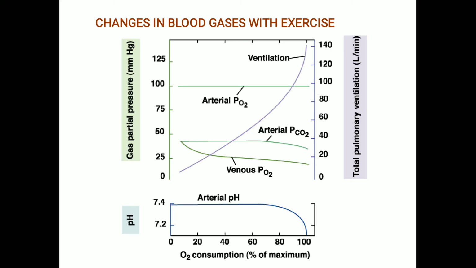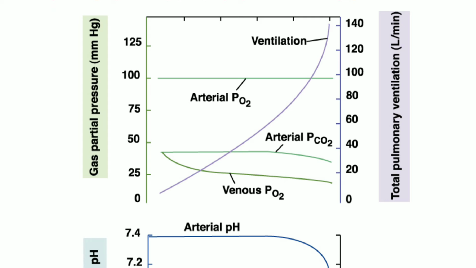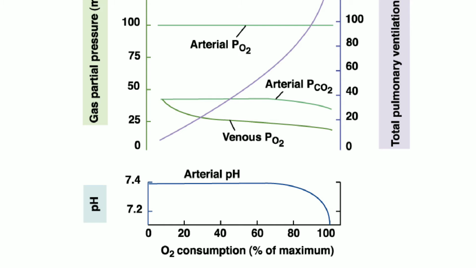Here in this graph you will be looking at the changes in blood chemistry that happen with exercise. There is not much change in the arterial partial pressure of oxygen, not much change in the arterial partial pressure of carbon dioxide, and not much change in the arterial pH, except in severe exercise where there is a drop in pH.